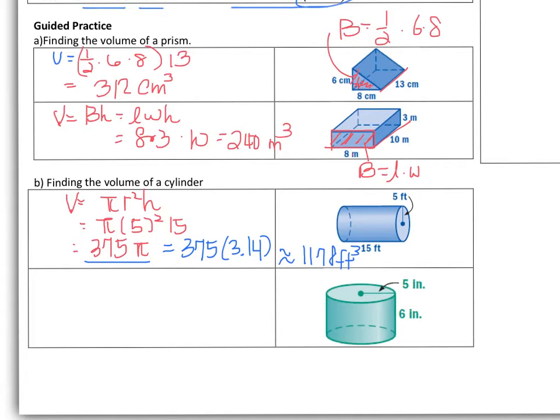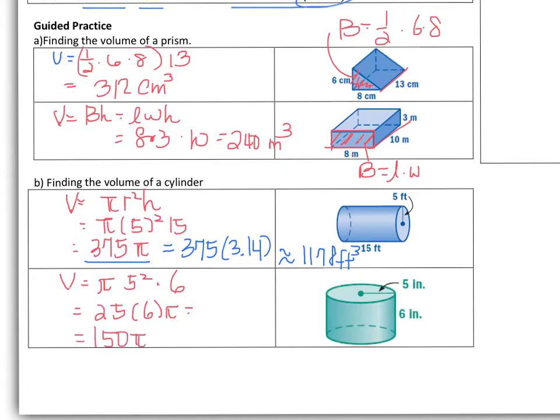Let's do one more. Volume equals pi r squared, so our radius is 5 here, so 5 squared times 6, so 25 times 6 times pi will give you 150 pi.